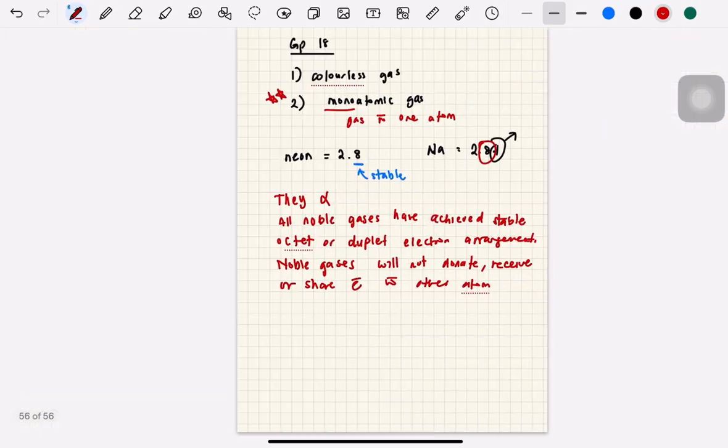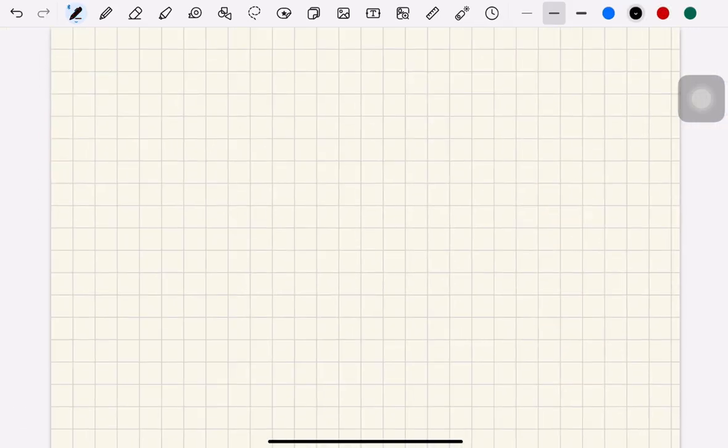Just to recap, let's recap a bit on group 1's melting and boiling point. We can look at it in terms of what type of element it is. It is a metal, an alkali metal.